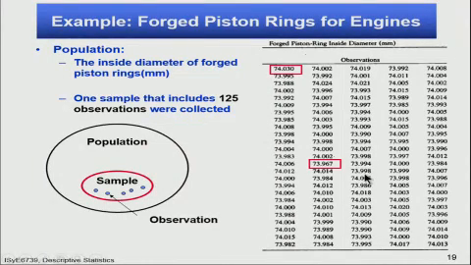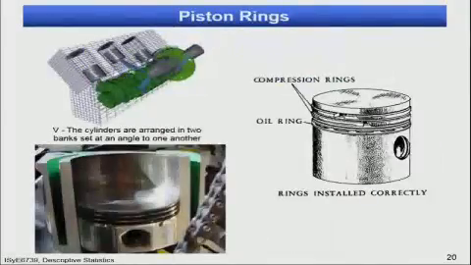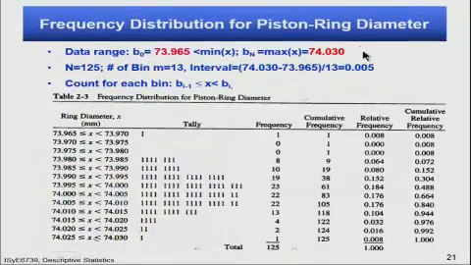Okay? First step is to find the minimum and maximum. In this case, this is the minimum, and this is the maximum, which is the upper bound. For the lower bound, I select a little bit smaller than the minimum.